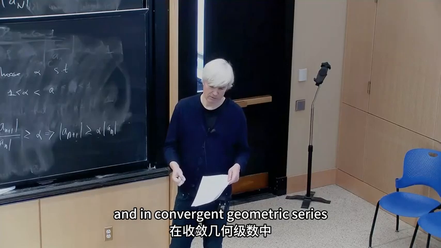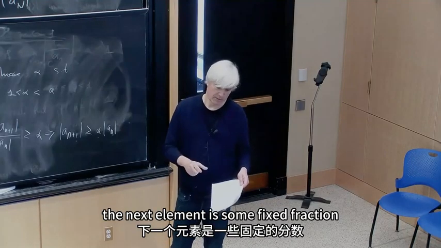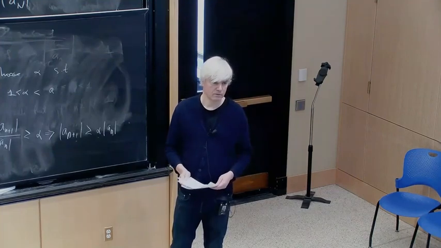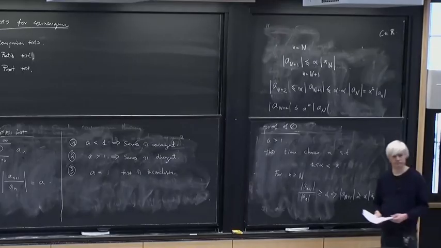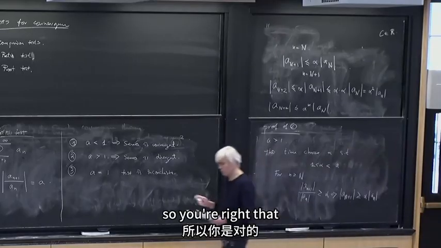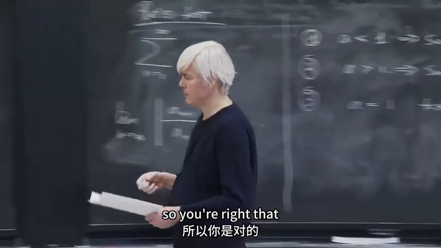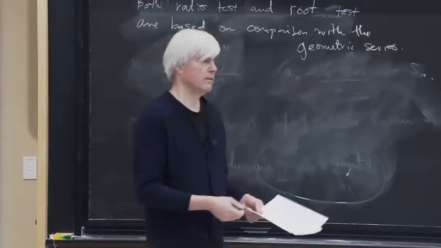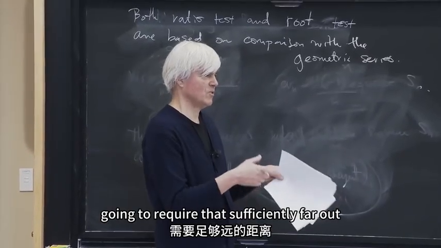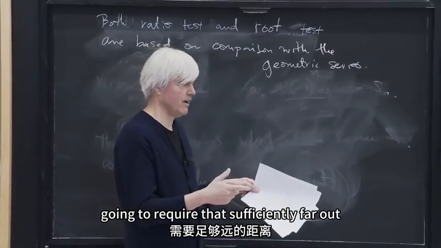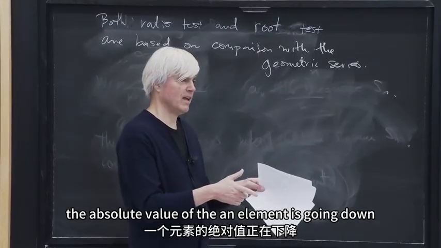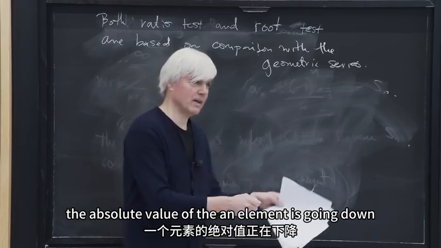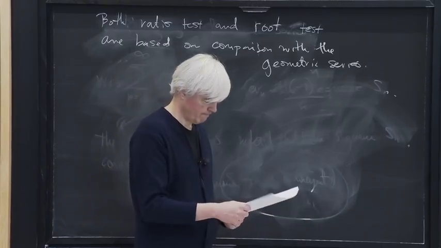And in a convergent geometric series, the next element is some fixed fraction of the previous one. So you're right that in order for the ratio test to give you convergence, it's going to require that sufficiently far out the absolute value of the a_n element is going down. Right? Yep.